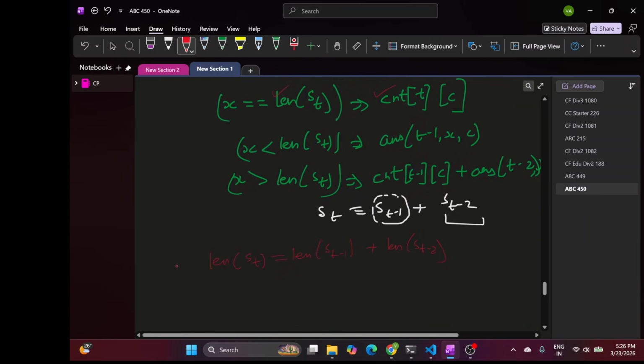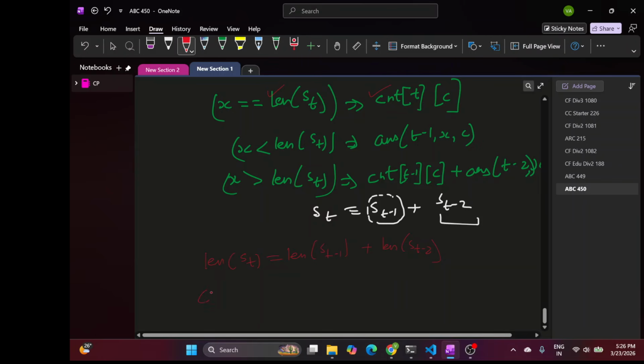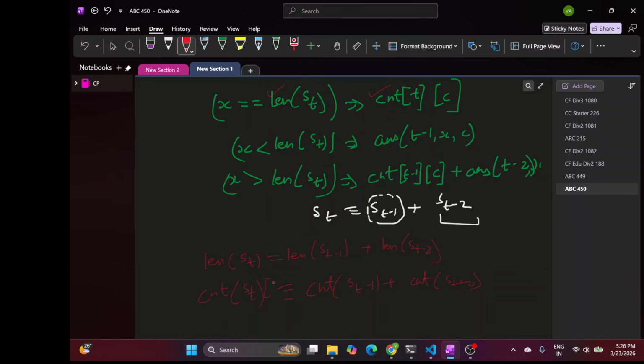Can't we say that the count of st is basically count of st minus 1 plus count of st minus 2, right? And basically for each character c, because we can't add vectors directly, right?